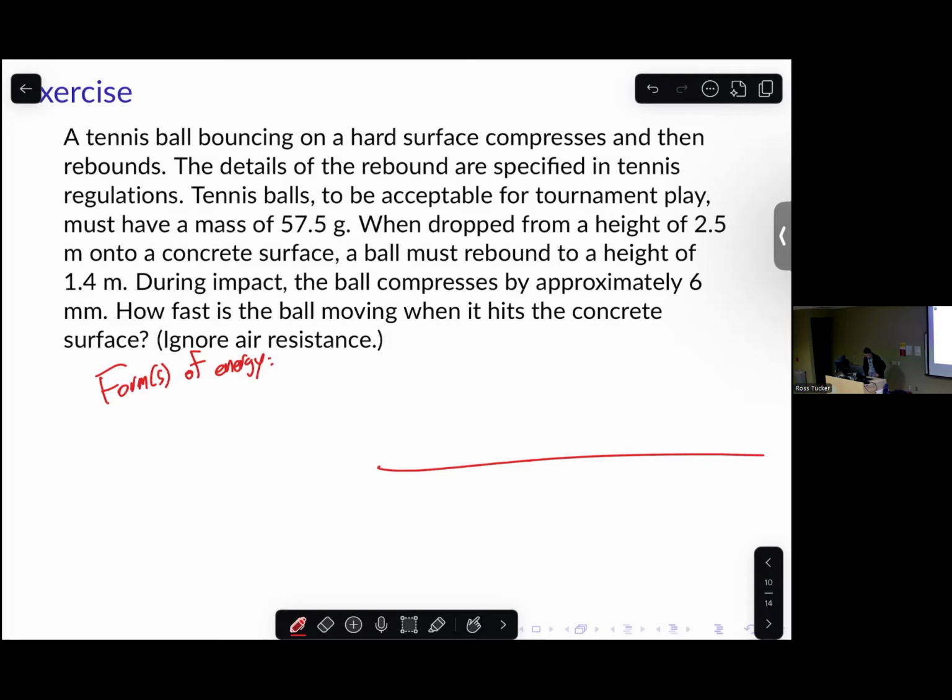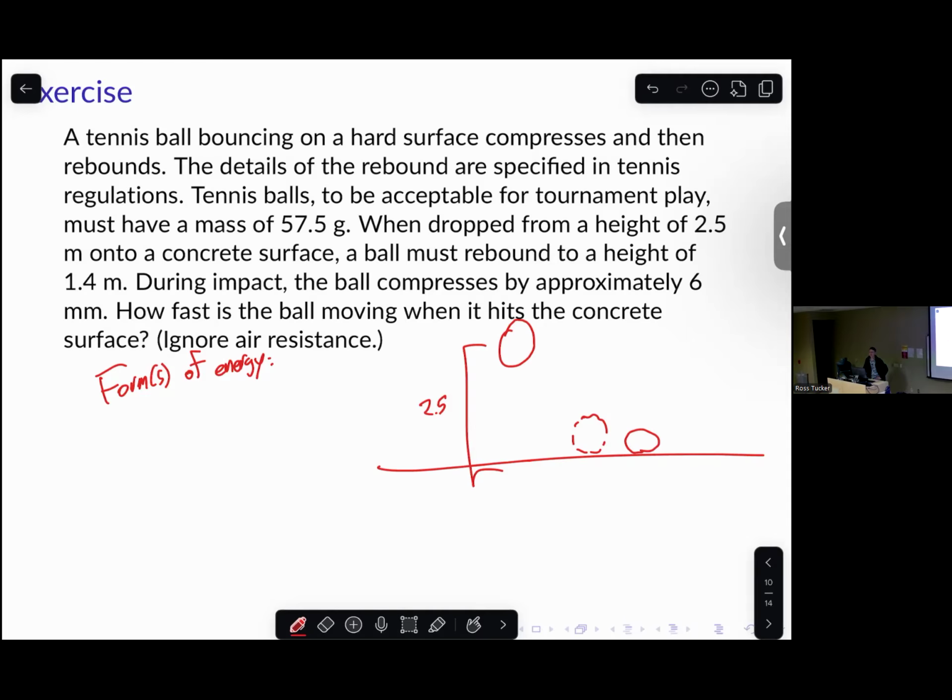And let me sketch it. Let's see, I drop it from here. This is the 2.5 meters he's referring to. The instant it strikes the ground is when the bottom fuzz touches. But bouncing things act like springs. Bouncing springs compress, they pancake a smidge. Balls don't actually stay perfect spheres when they are bouncing off.